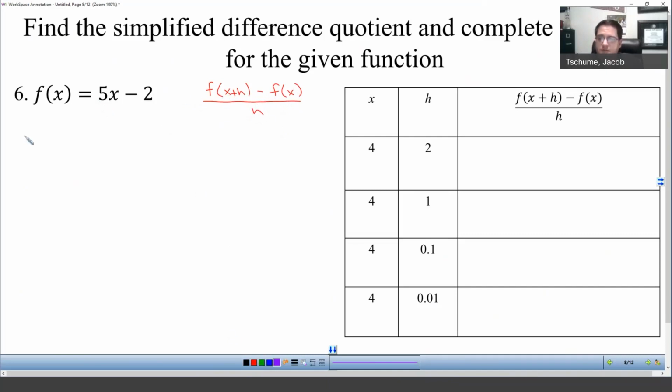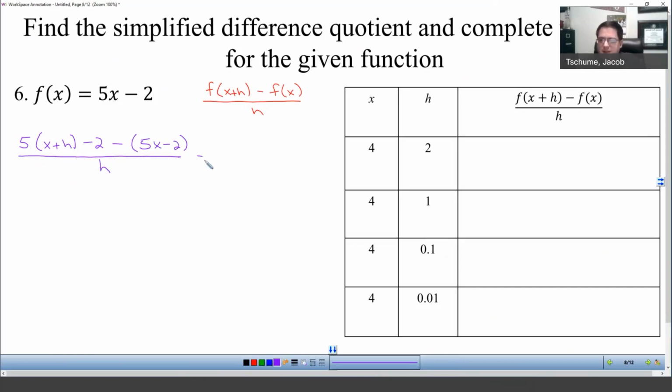So for f of x plus h, I'm going to replace the x in the original problem with just an x plus h. You're substituting that into the function. You're going to subtract from that the original function, which is 5x minus 2. And you're going to divide the entire thing by h. Your job here is just to simplify this as far as you can.